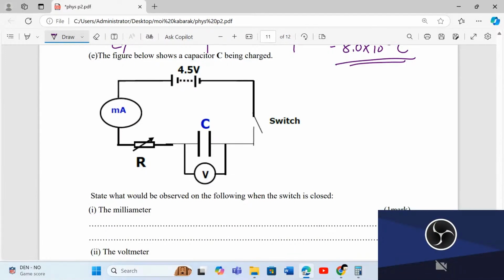Because we have a capacitor which is being charged there. Therefore, the milliammeter first makes a very high reading, then falls to zero.